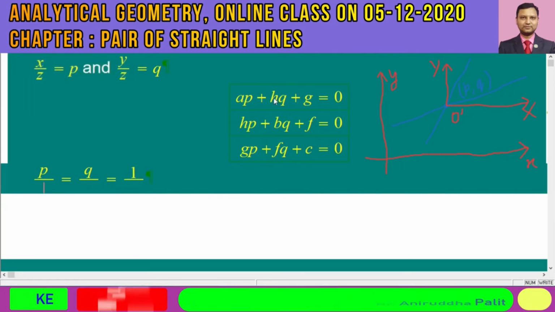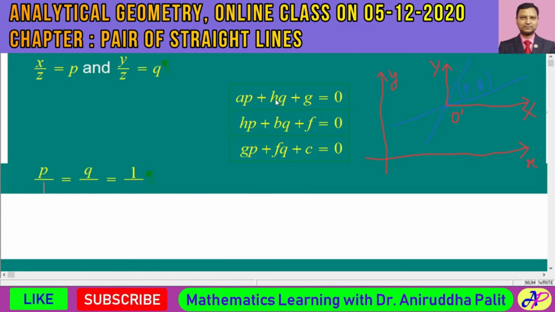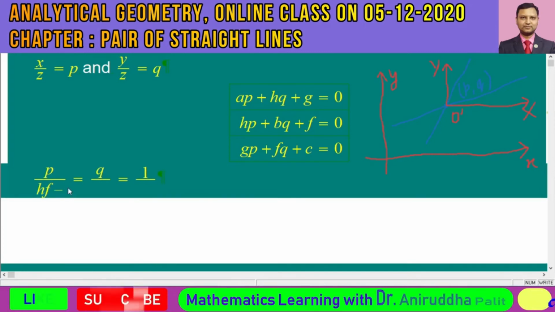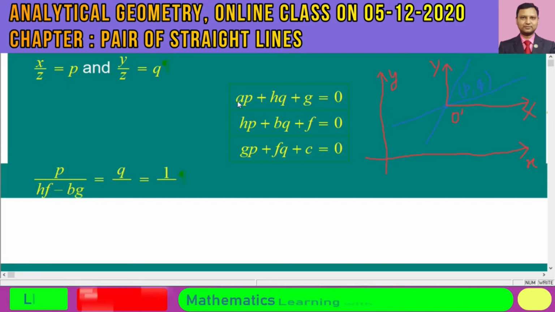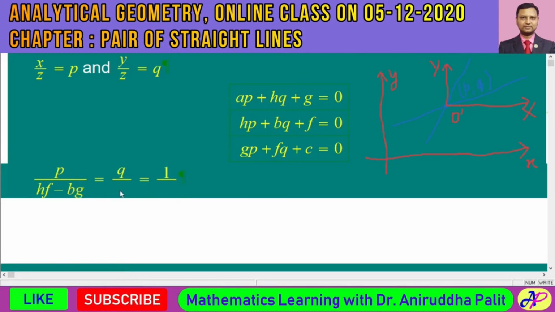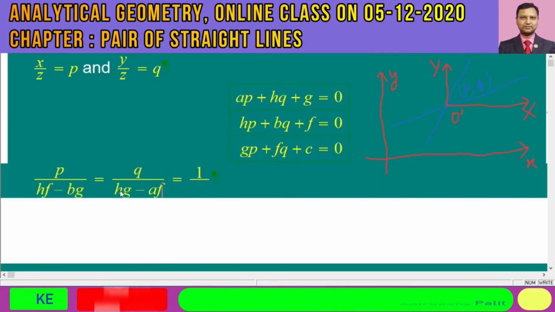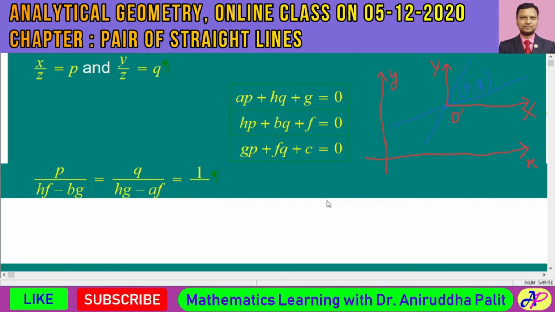So in the denominator of p we have hf minus bg, then hg minus af, and over here we shall have ab minus h square.